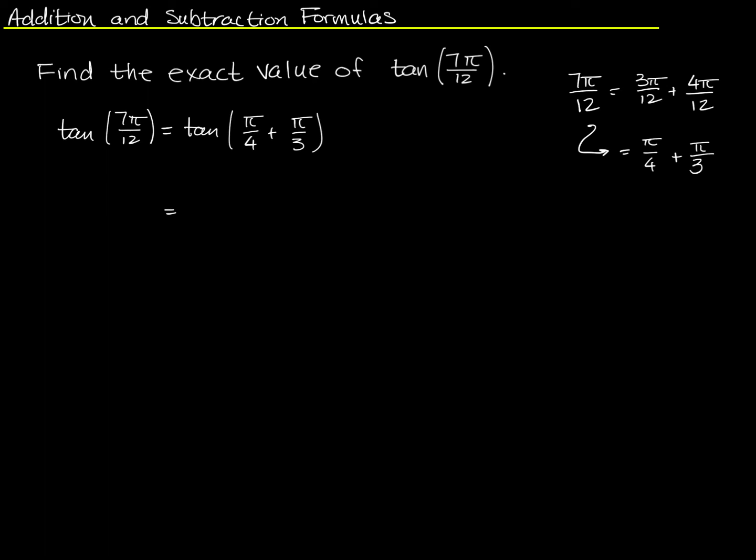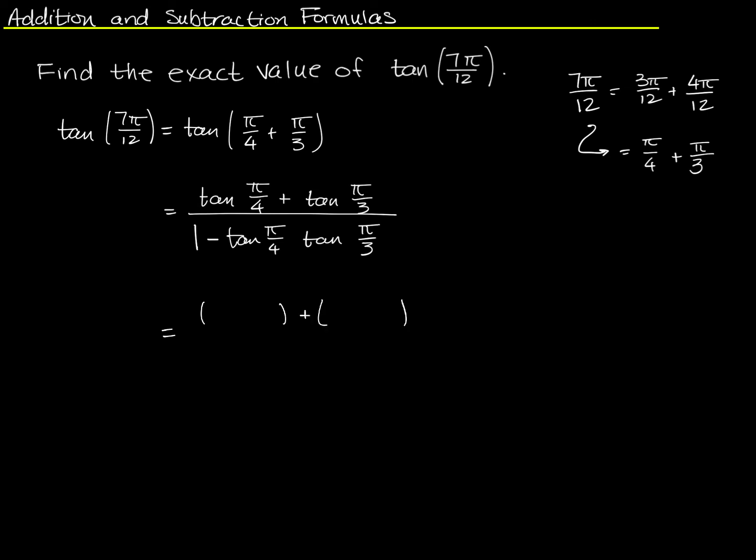And I have a formula that tells me that this is equal to the tangent of pi over 4 plus the tangent of pi over 3 all over 1 minus the tangent of pi over 4 times the tangent of pi over 3. Well, I can evaluate these quantities. I know what the tangent of pi over 4 is. I know what the tangent of pi over 3 is.